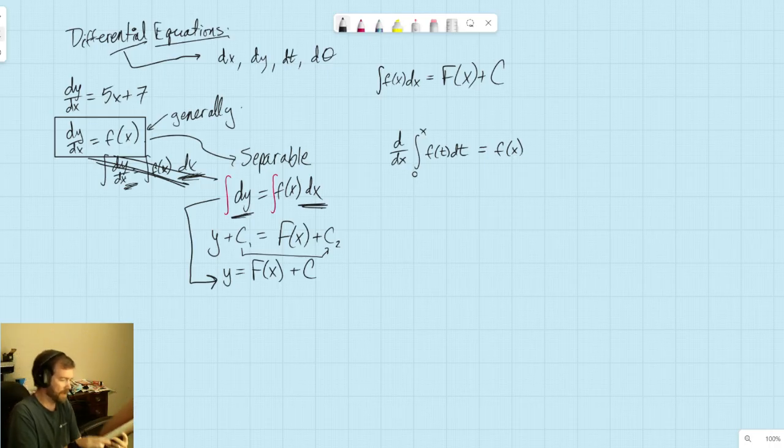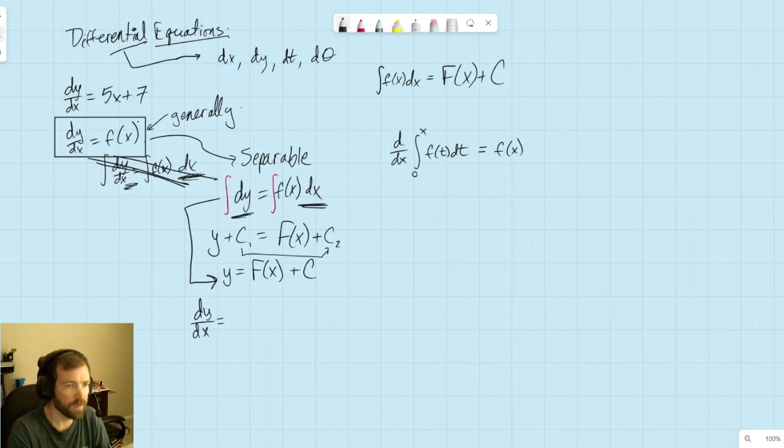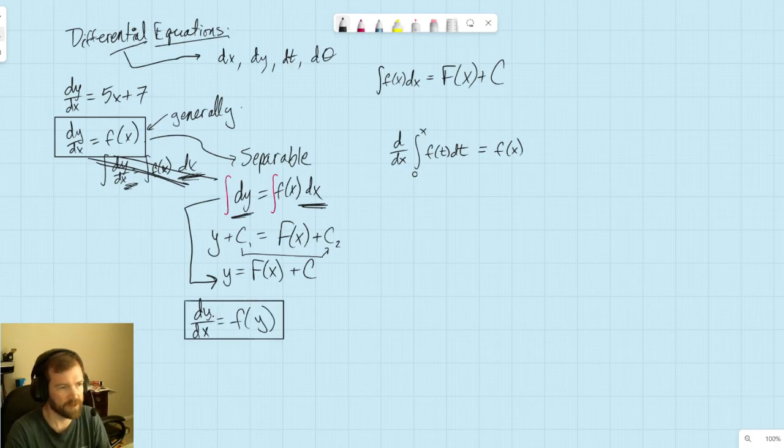Yes, okay. All right, so there's all sorts of ones, like I said. dy/dx is equal to a function of x was nice and easy. dy/dx is a function of y is also nice and easy, but for a slightly different reason.